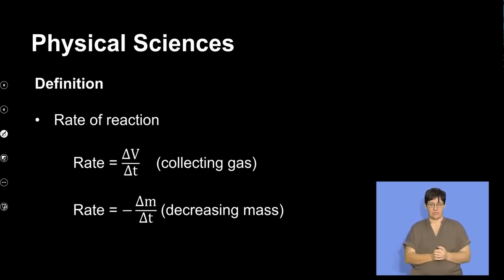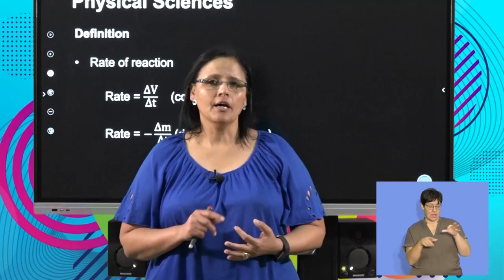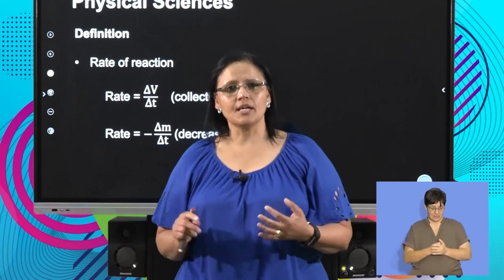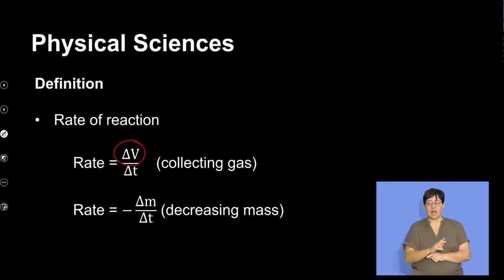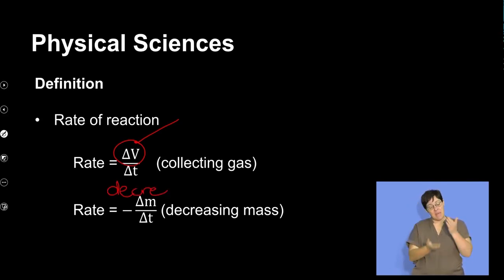Right. So from the experiments, we said there's 3 ways to measure our rate of reaction. We can look at the change in the volume of the gas over regular time intervals. We can look at the decrease of our mass over regular time intervals.